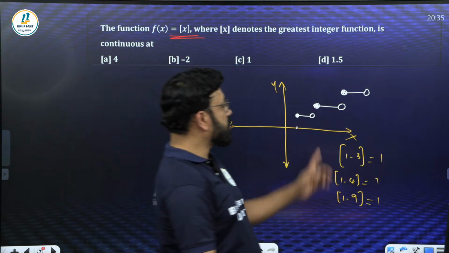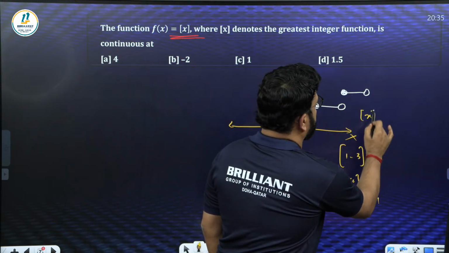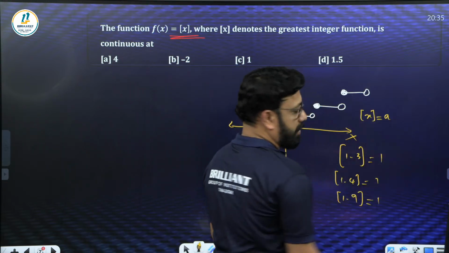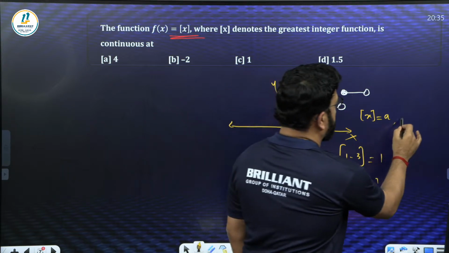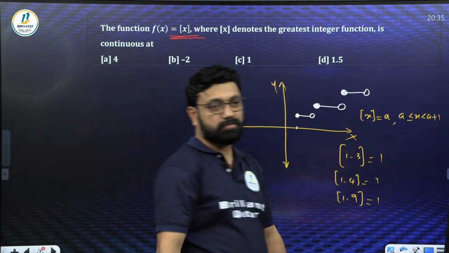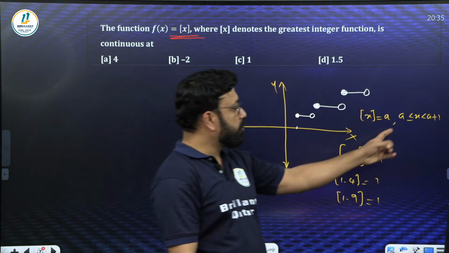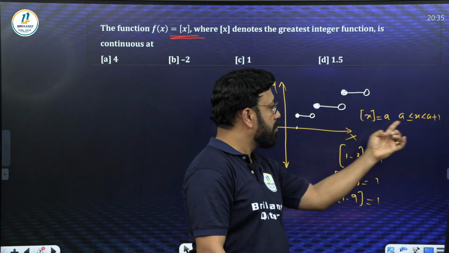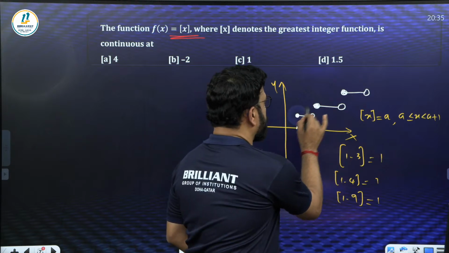Greatest integer x equal to a means a less than or equal to x less than a plus 1. It will come to the greatest integer here.